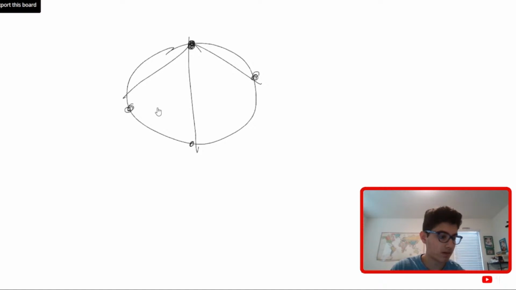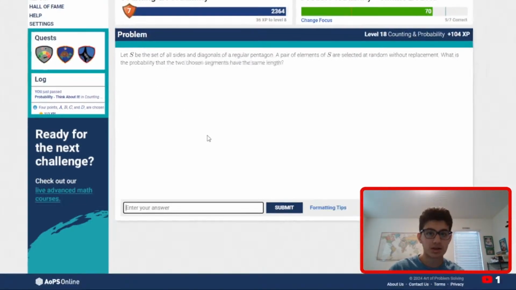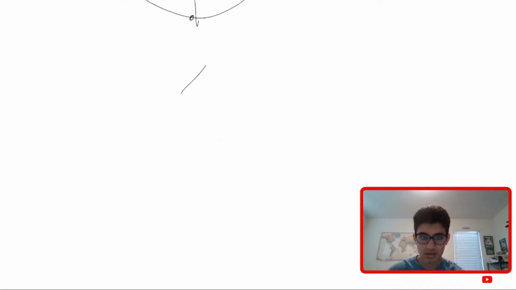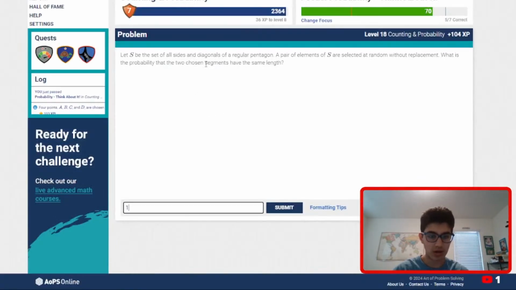Okay, what's the probability that they don't? That will be half if you choose one diagonal and one side. Oh wait, the diagonals aren't the same. All the diagonals won't have the same length, right? Or will they? I think all the diagonals will have the same length. They'll all be this long. So then there's just a one half chance.